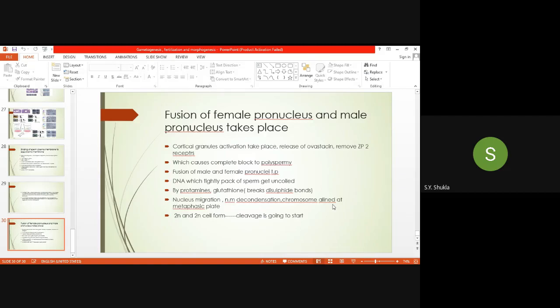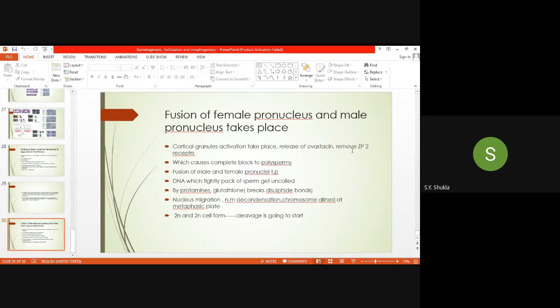As I just told you, there are simultaneous processes in which there is a complete block to polyspermy by exocytosis of the cortical granules, release of ovastacin, and removal of the ZP2 receptor.